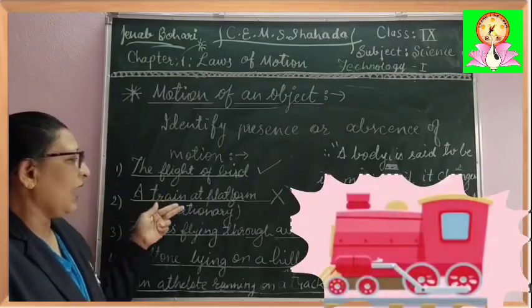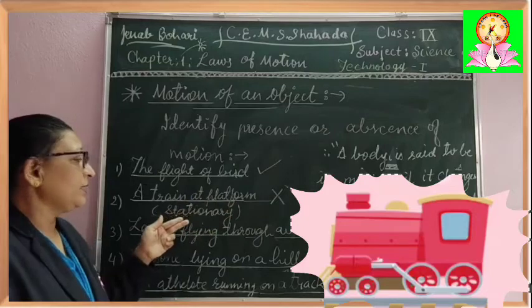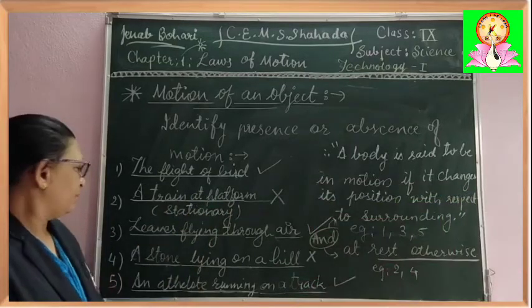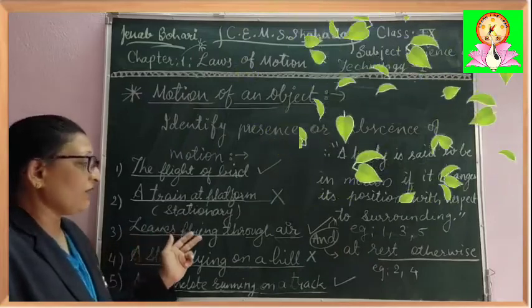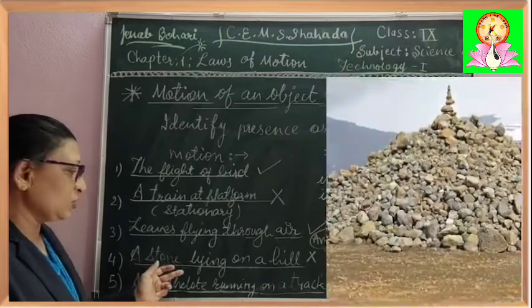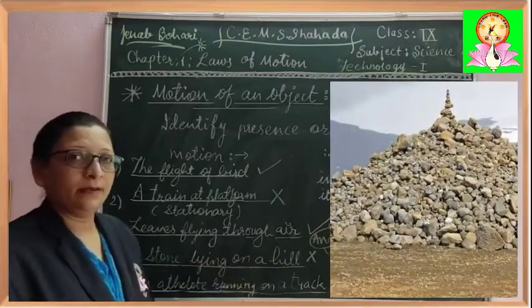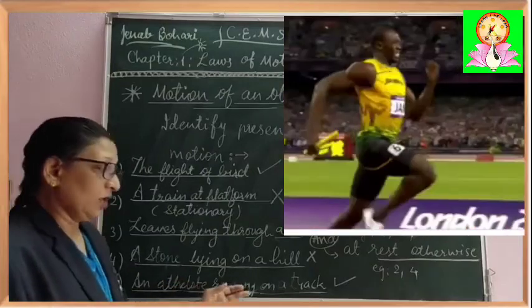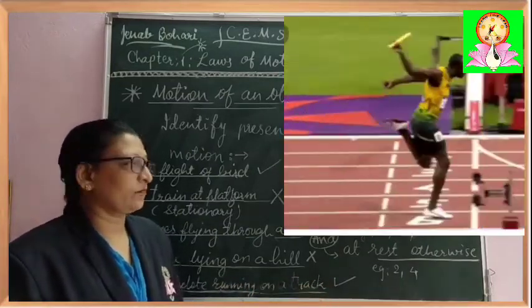Second, a train at a platform in stationary state. Third, leaves flying through air. Fourth, a stone laid on a hill. Fifth, an athlete running on a track.